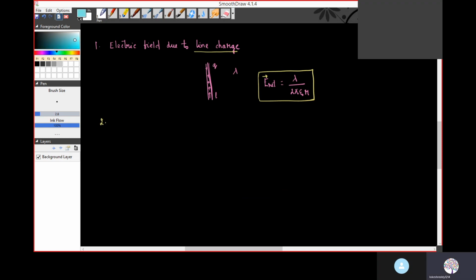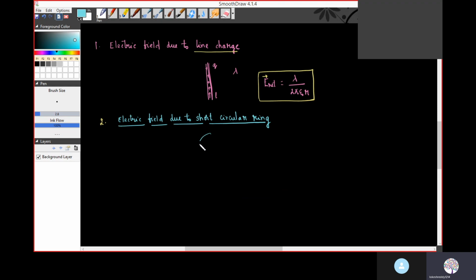Then the next one is charged circular ring. Electric field due to a short circular ring.